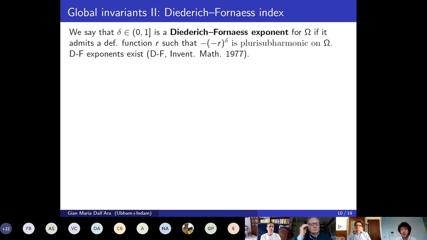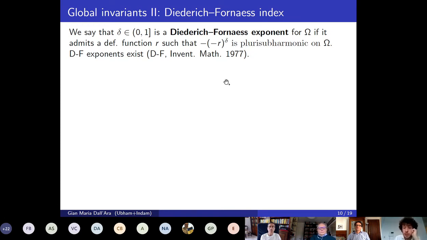Your domain has many possible smooth defining functions, and we are looking for a defining function with the special property that when you raise it to the power delta, you get a plurisubharmonic function.